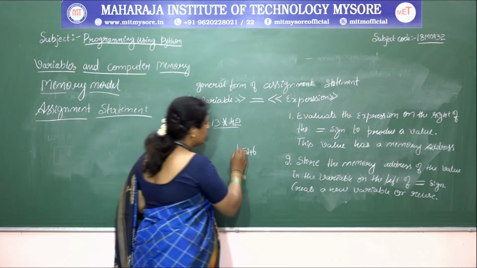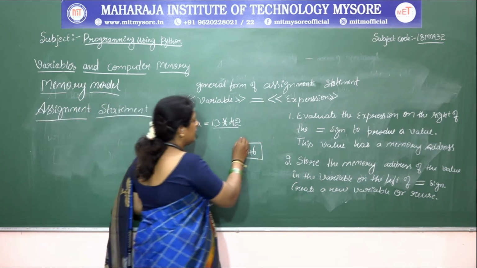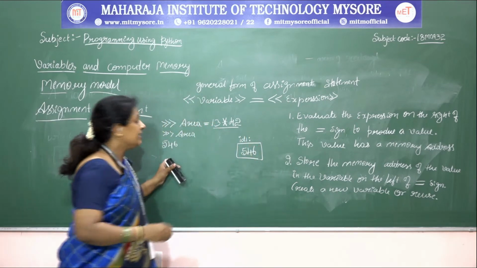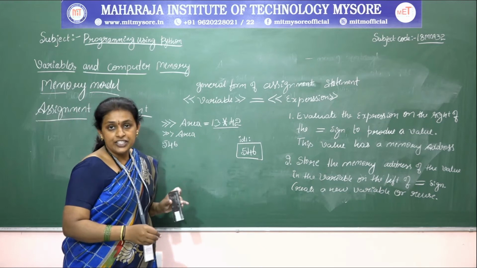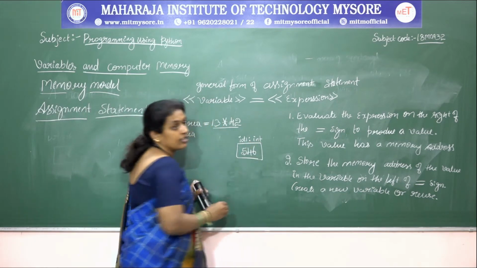For this I need to give a memory address. Consider I am giving the memory address IDE 1, and by seeing it I can tell it is an integer number, so the type of the value is int.